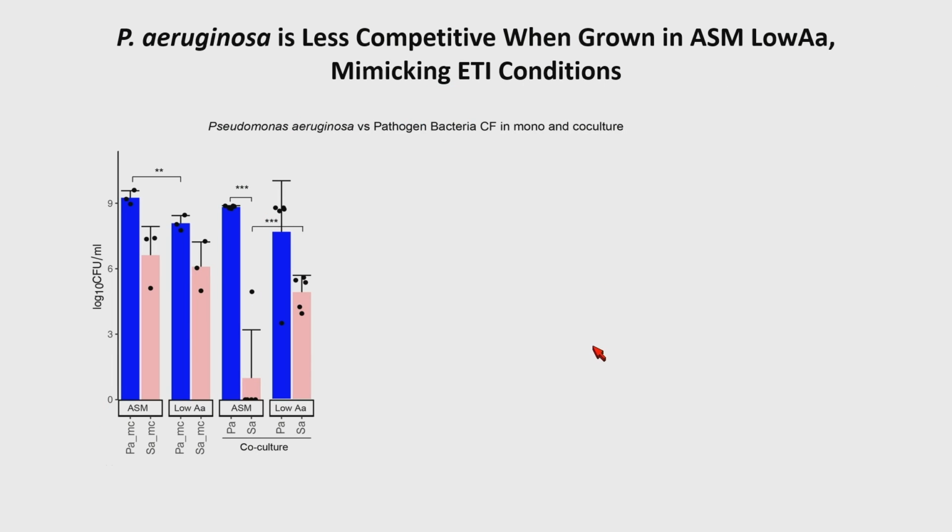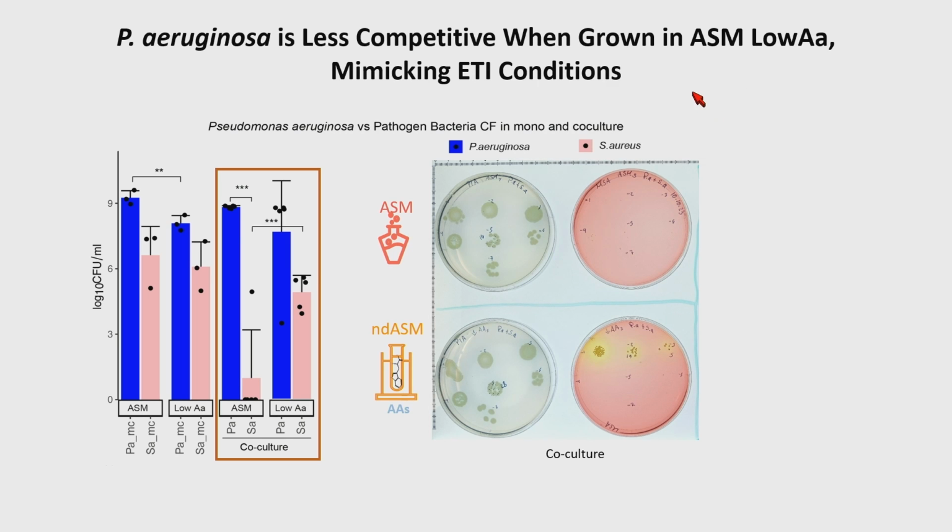What we found was that Pseudomonas aeruginosa is less competitive when grown in artificial sputum media, low amino acid, mimicking ETI conditions. Here, we already know that Pseudomonas aeruginosa has an antagonistic interaction with Staphylococcus aureus, but in monoculture they grow very well.